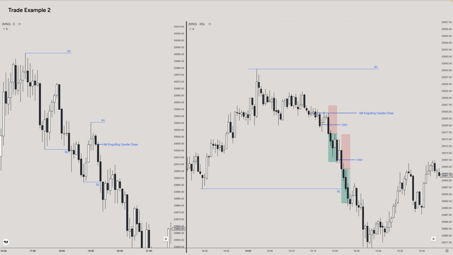That candle actually closed here in between these two bullish candles. So we wait for a 30-second bearish candle to close below this line with its body, which is what it's doing here. This is just your confirmation of your higher time frame telling you, okay, this trend pullback is exhausted.